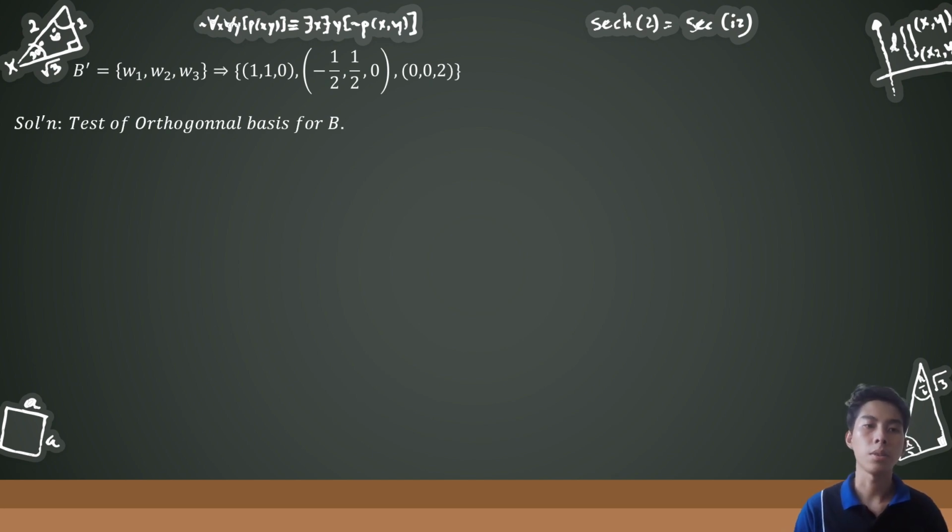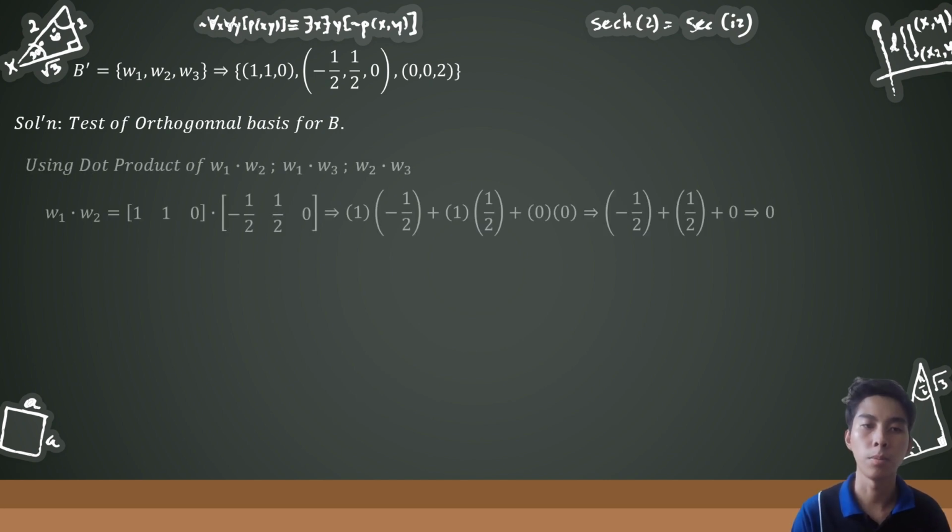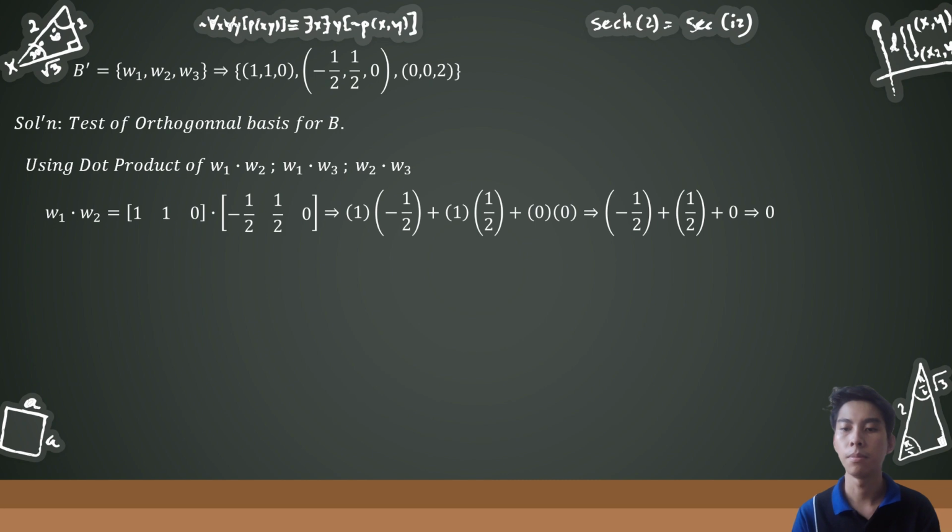So we just simply use the dot product of w sub 1 and w sub 2, w sub 1 and w sub 3, and w sub 2 and w sub 3. Since it is composed of 3 vectors, each vector should have a dot product with each other.